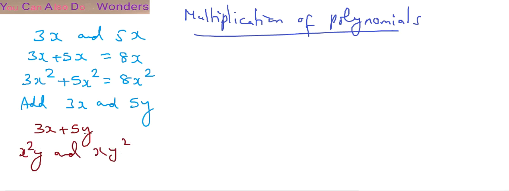For example, adding 3x square y and 5xy square, the result of addition is 3x square y plus 5xy square. That's all.